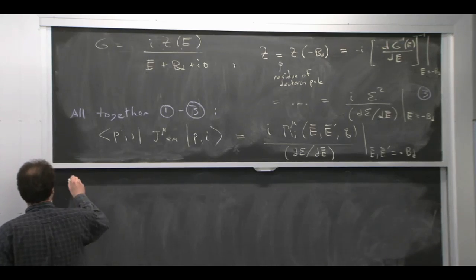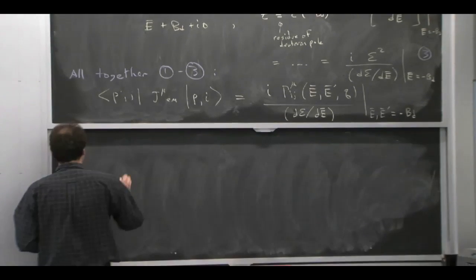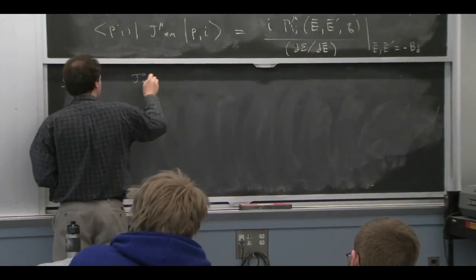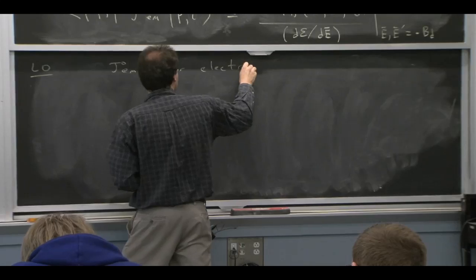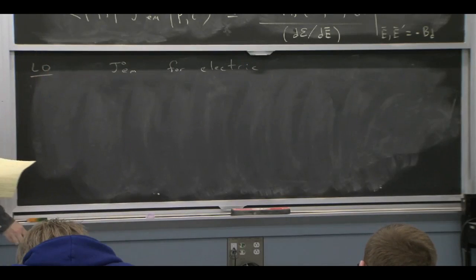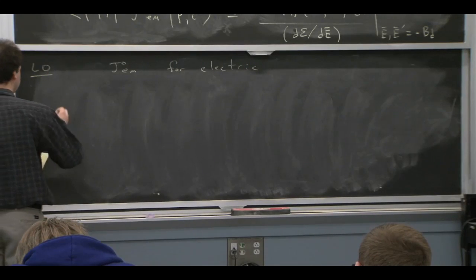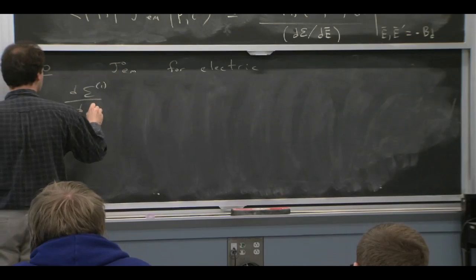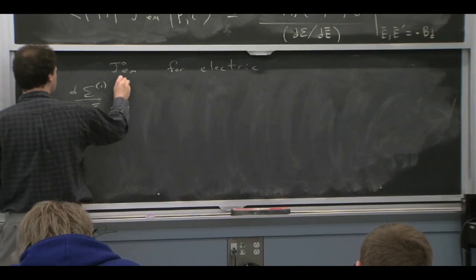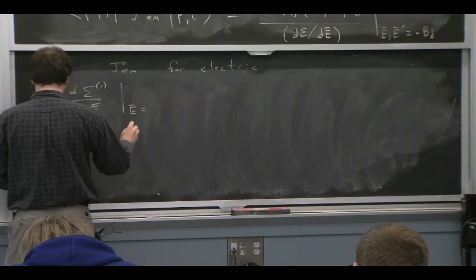If you look at this at lowest order, and you just look at the electromagnetic current for the electric case, you can do that with J0, looking at the D0, and we can use our previous calculations to figure out what the 2-point function is.